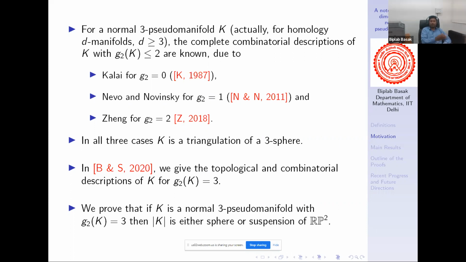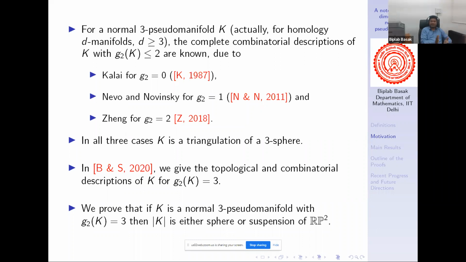Now for a normal three pseudomanifold K, the complete combinatorial description of K for G2 less than or equal to 2 is known. We have already seen that Kalai proved that if G2 equals 0, then it is a stacked sphere. And in 2011, Nevo and Novik proved that if G2 equals 1 and K is a normal three pseudomanifold, then it is a polytopic sphere.